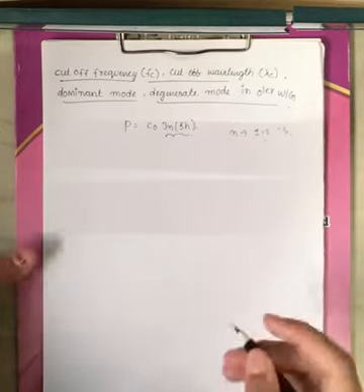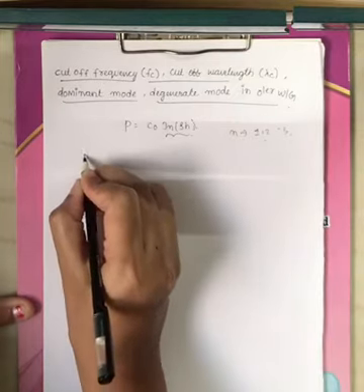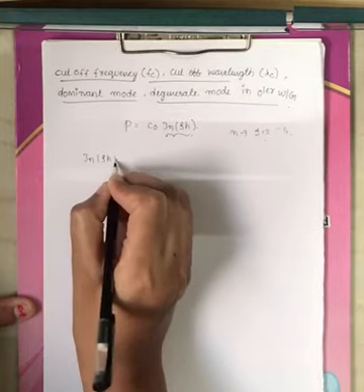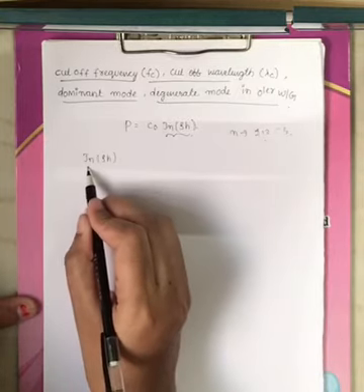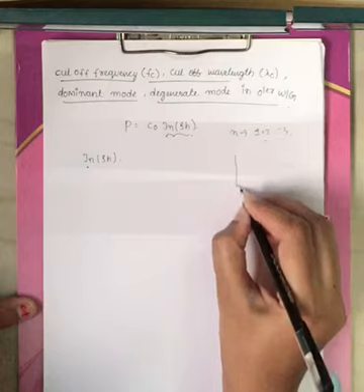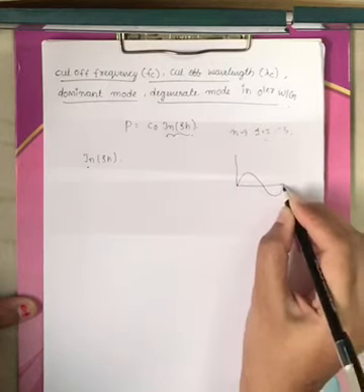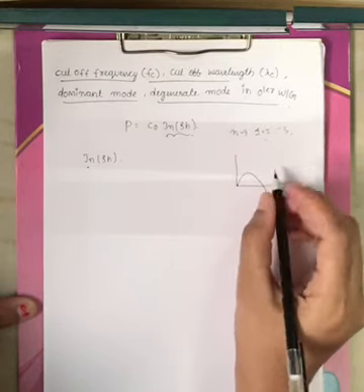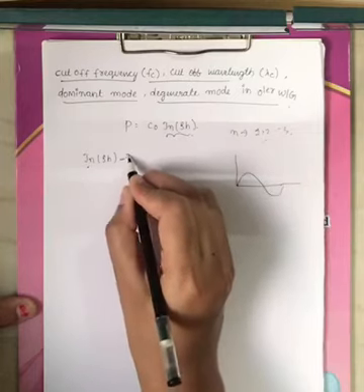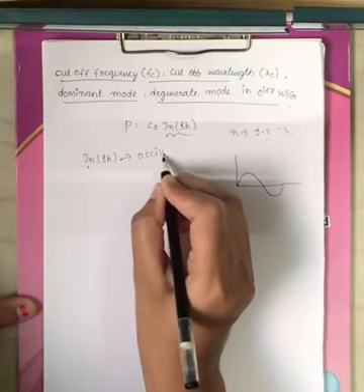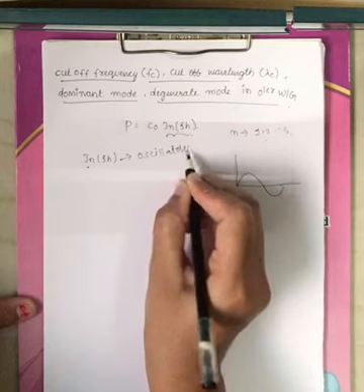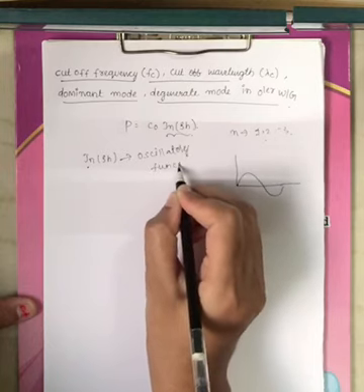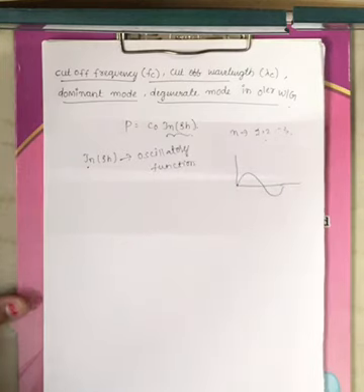Now this Jn of rho h is an oscillatory function. Whatever the roots you have, you will get an oscillatory function like this. If you want, you can refer to it on Google. This function has an infinite number of roots.